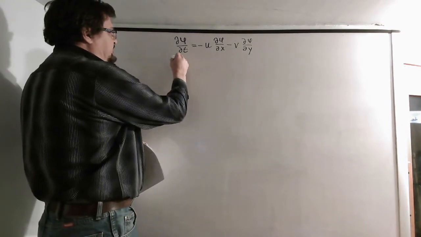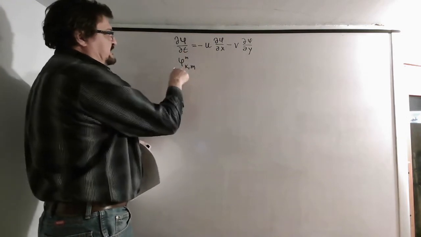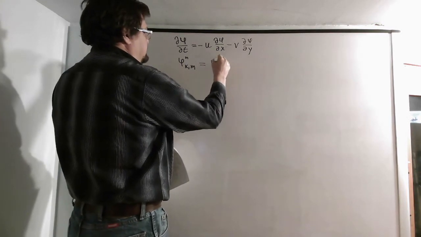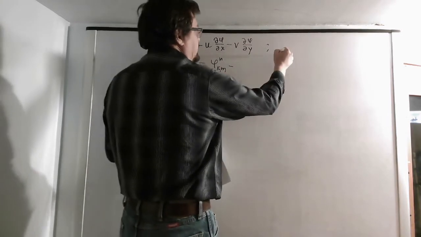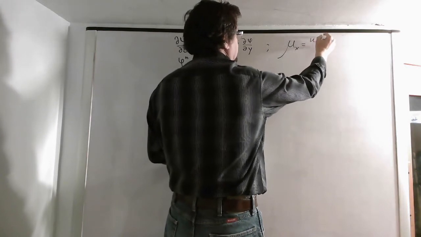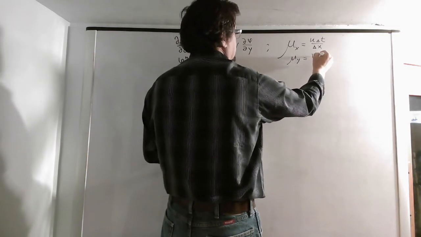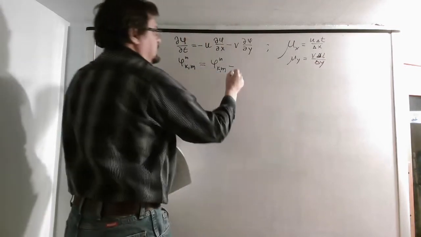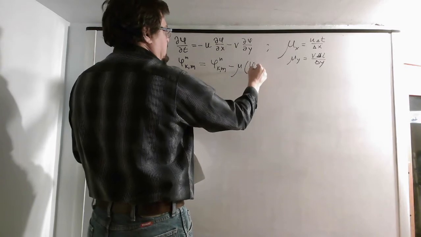If we use the upstream bias scheme, we have a scheme like phi K m n plus one equals phi K m n minus, with two indices now. So we introduce our mu's, also non-dimensional Courant numbers, mu x equals u delta t divided by delta x, and mu y equals v delta t divided by delta y. Then we can write our scheme as the following.